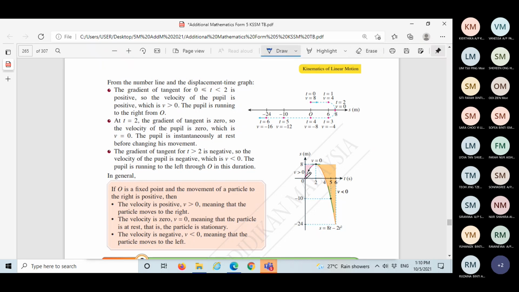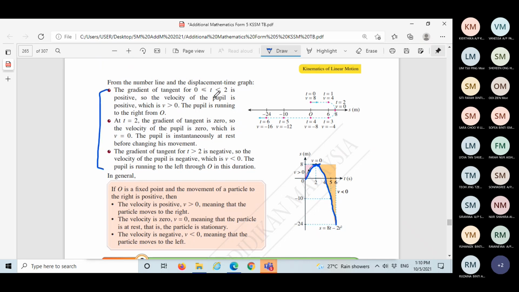From here to here, this shape of the curve, the gradient is positive. Then when we come to the maximum point, you still remember? At the maximum point, the gradient is 0. Then after that, when the shape of the curve is like this, the gradient is negative. So now we go through these 3 points.